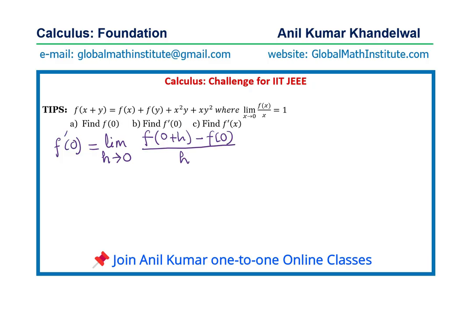And we can say f of 0 plus h should be, look here, we have x plus y, and we want to make it 0 plus h. So what should we do? What we should do here is replace x with 0 and y with h. So we get the limit as h approaches 0. f of 0 plus h means f with x as 0, so we are replacing x with 0 and y with h in this particular expression.